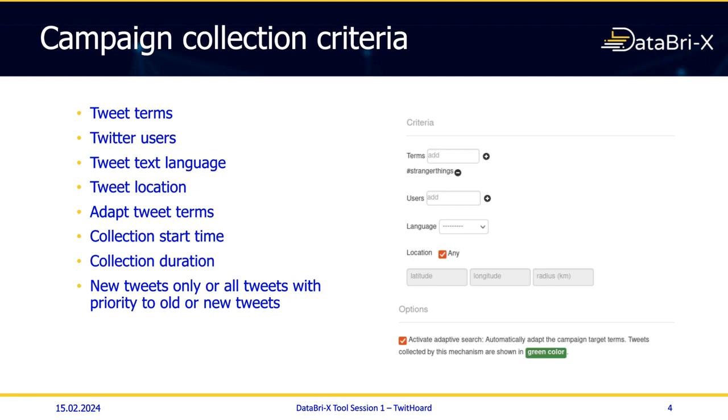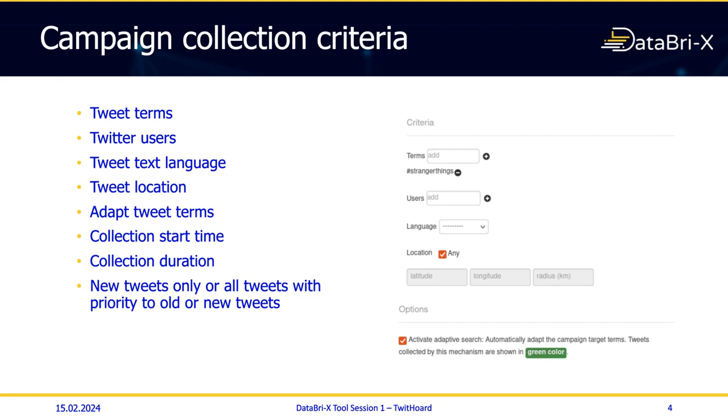Also, the text language can be specified, the tweet location, and an interesting ability is the ability to adapt tweet terms to extend the specified terms by terms that are deemed relevant by the engine, relevant to the terms already specified. So these are automatic terms that are added and removed as the campaign progresses.